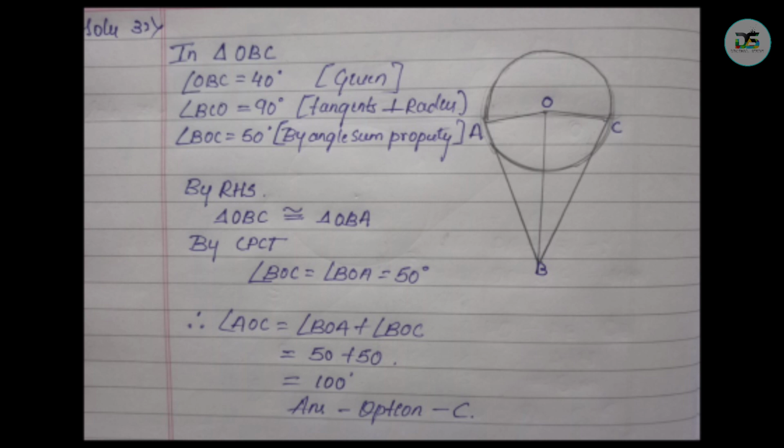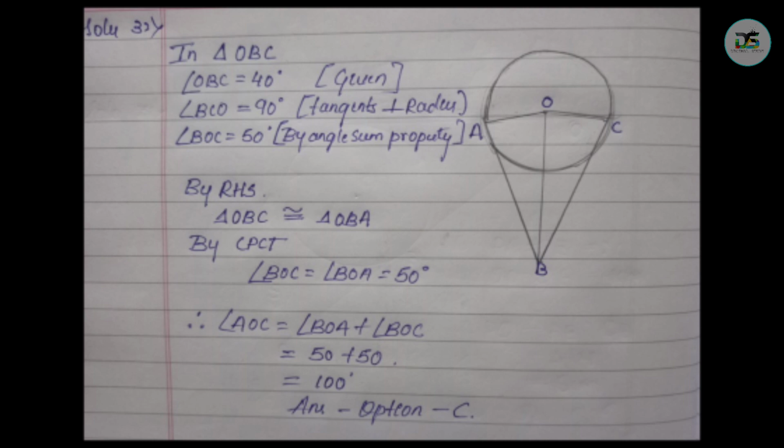In triangle OBC, angle OBC is equal to 40 degrees because it's given. Angle BCO is equal to 90 degrees because tangents are perpendicular to the radius. Angle BOC is equal to 50 degrees by the angle sum property of a triangle. By RHS, triangle OBC is congruent to triangle OBA.